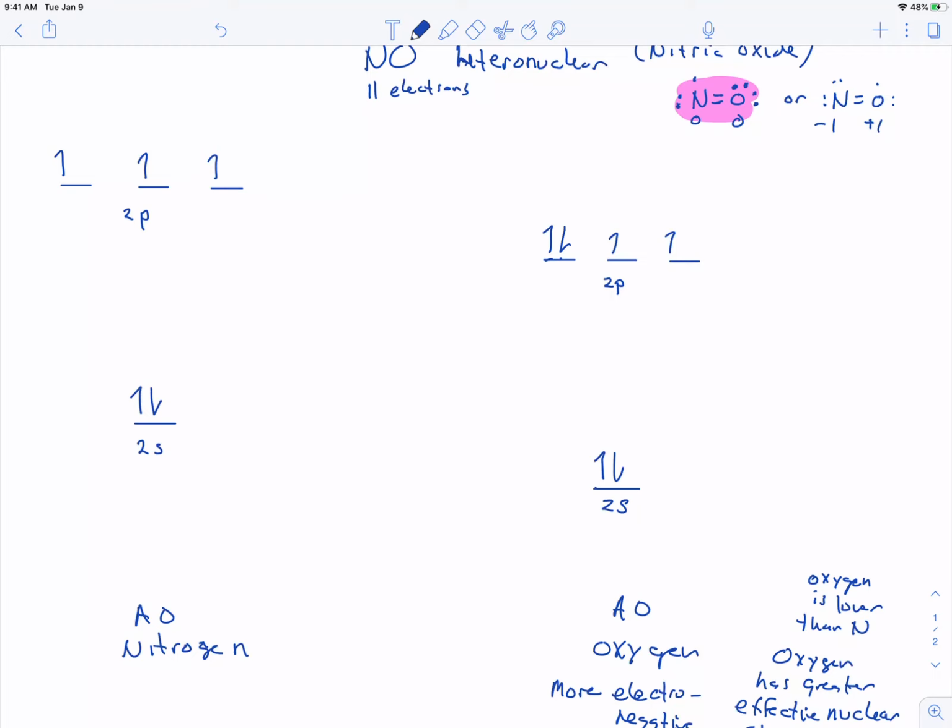Oxygen has greater effective nuclear charge and, as I said, greater electronegativity. So we're going to go ahead and draw our bonding and anti-bonding orbitals as we have in the past. Try to get that in the middle.